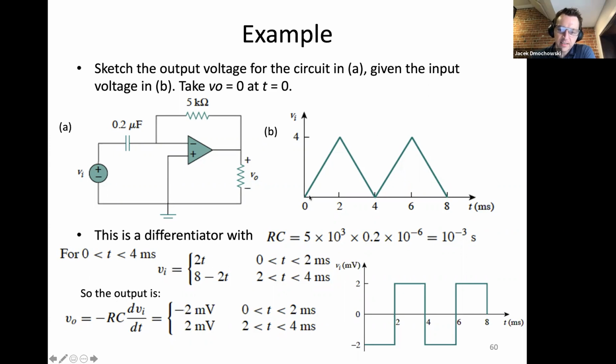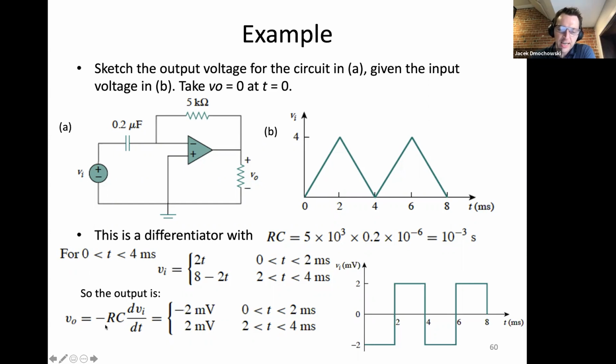So basically the slope of this, because it's not really specified here whether this is in volts or millivolts, but I think it's implied that it's in millivolts. So the vertical axis here is millivolts. So we have a rise of 4 millivolts and a run of 2 milliseconds. So the voltage here is 2 volts per second.